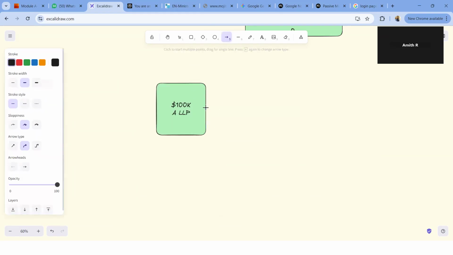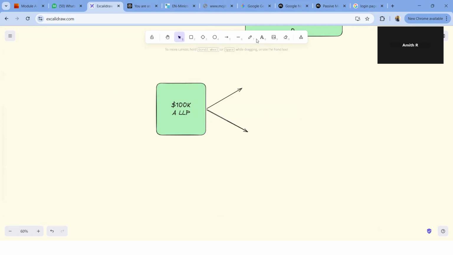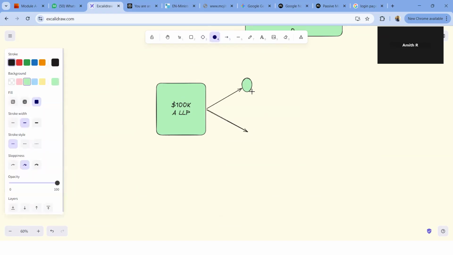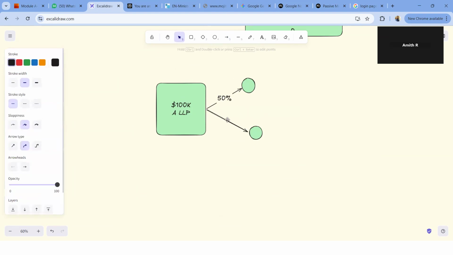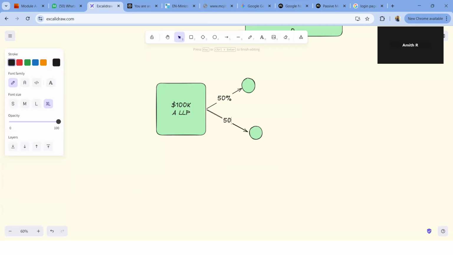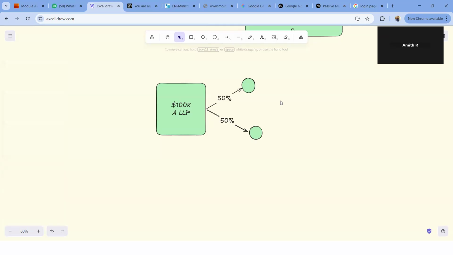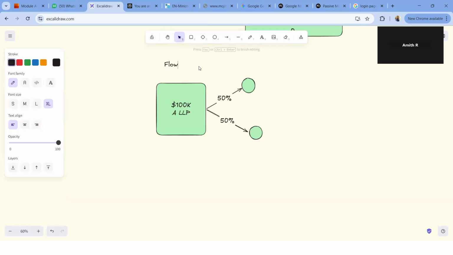Rather, it would be paid by its owners in their ratio. It would be paid by, let's say, Mr. A and Mr. B in the ratio of their shareholding. So if it is 50-50, then both of them would have to pay taxes on 50K each. Yes, this is what is called a flow through entity.